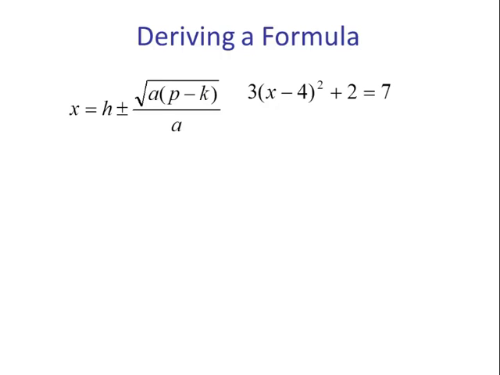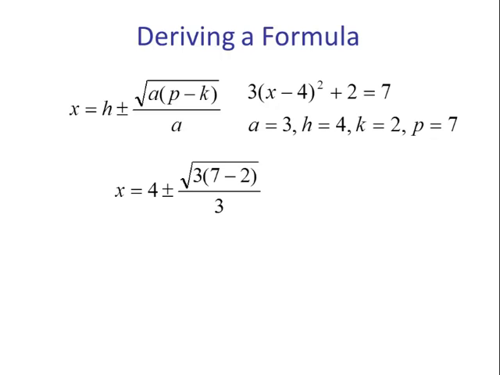Let's use it for number 3. We have our formula. For number 3, we have the equation 3 times x minus 4 quantity squared plus 2 equals 7. That means a is 3, h is 4, k is 2, and p is 7.